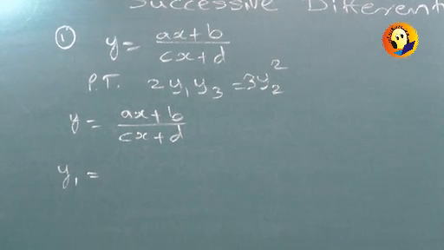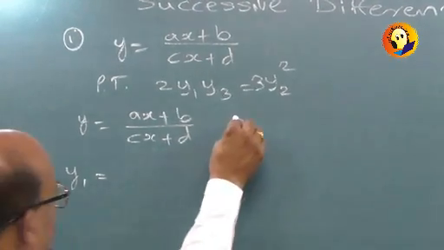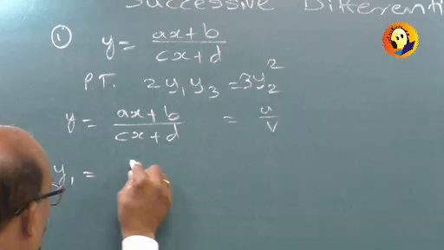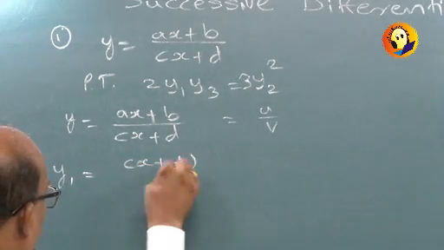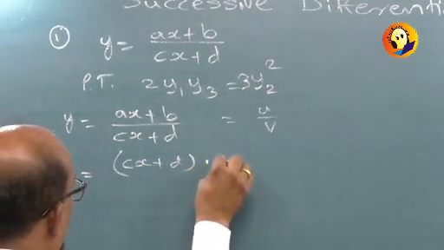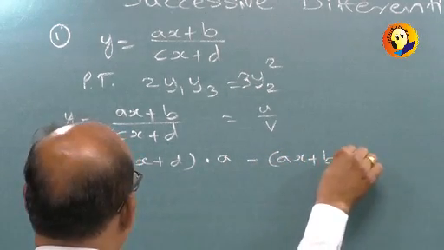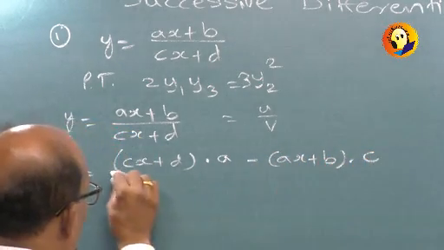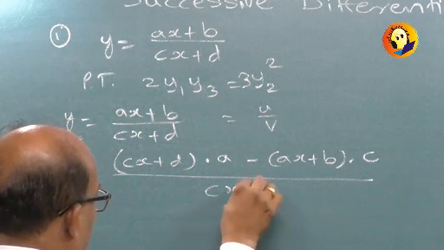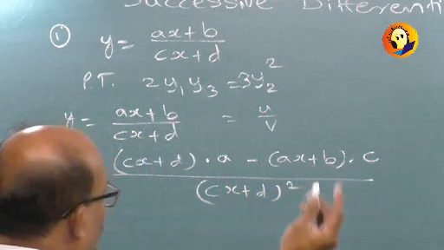We are required to differentiate. It is v du. This is as good as u by v. So v du, cx plus d into a, minus u dv, ax plus b into c, upon cx plus d bracket square.